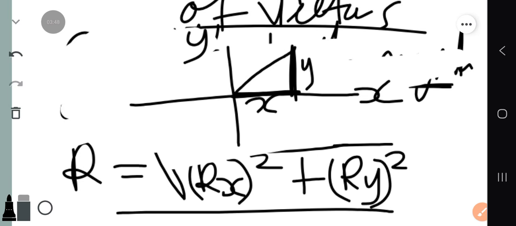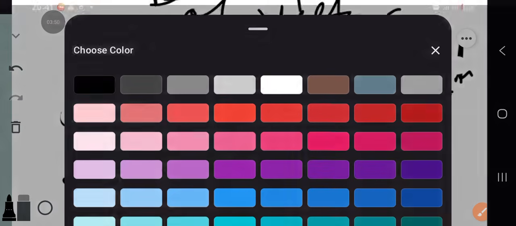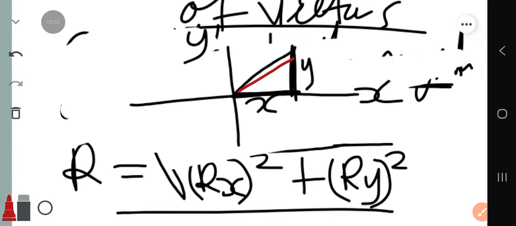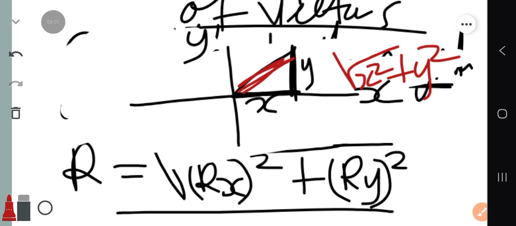If you are looking for this resultant, you are going to say the square root of x squared plus y squared. Hope you remember this, all right? So the way you find the resultant or magnitude of a vector when you have two components is the same as using the Pythagoras theorem.